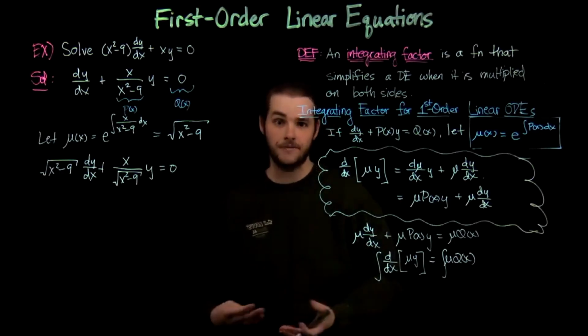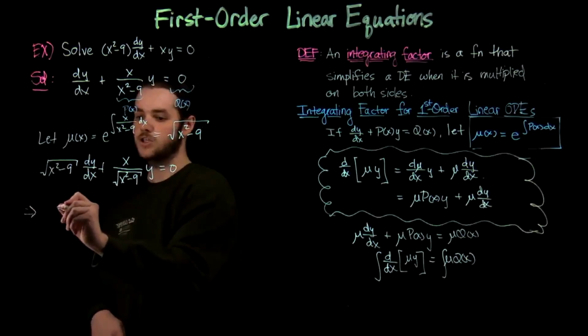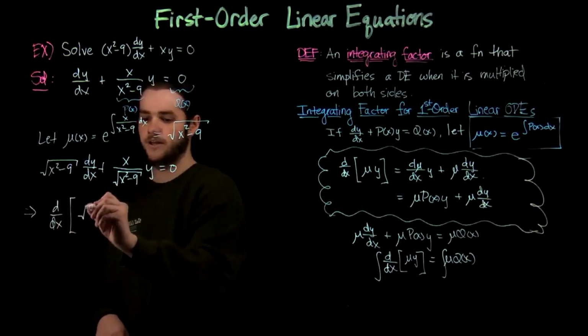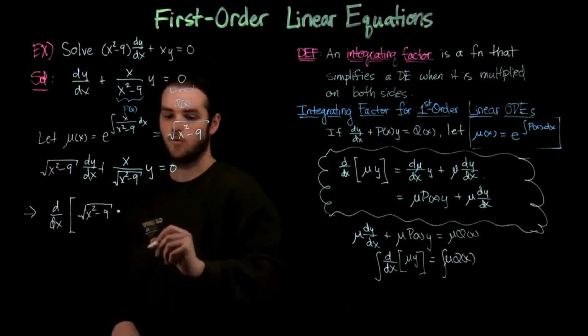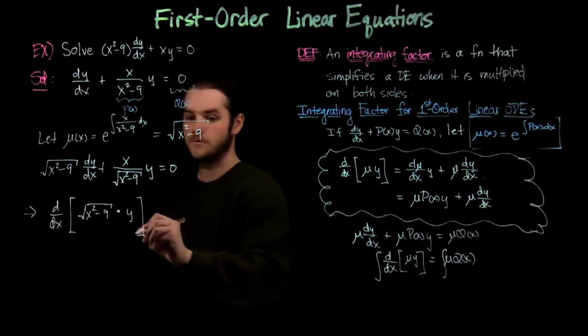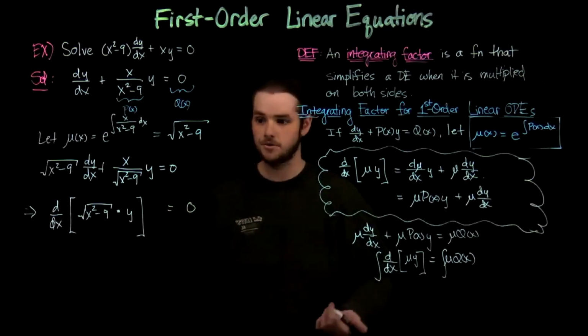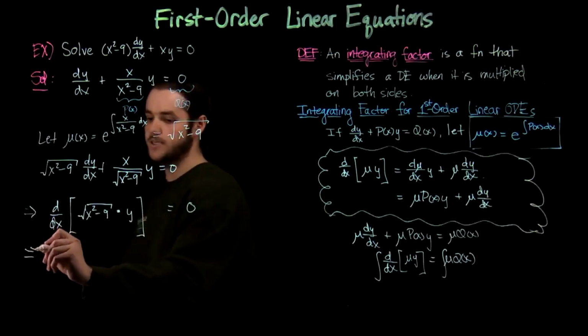And you can verify this product rule for yourself, but this whole left-hand side actually just ends up being the derivative with respect to x of my integrating factor times y. Now all I do is integrate both sides.